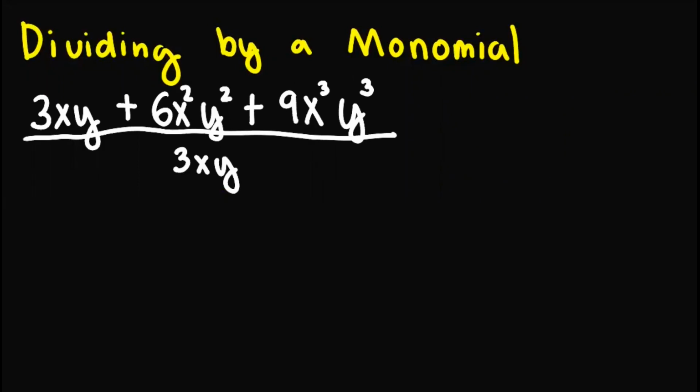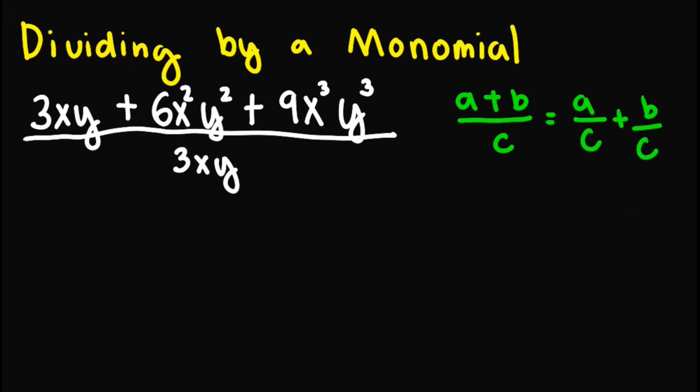Now the key in solving this one is to divide each term out here by 3xy. Indeed, if we apply the concept in dividing real numbers, if we have a plus b all over c, we can write this as a over c plus b over c.